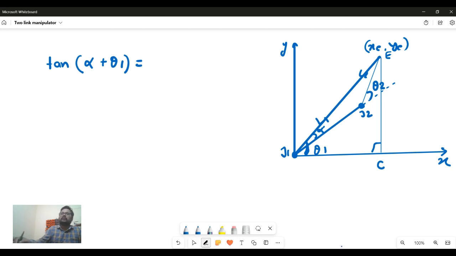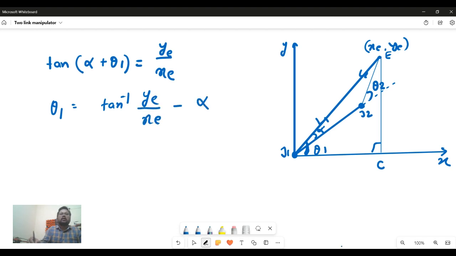The coordinate of this point E is xe and ye, so this complete length will be ye, divided by base, in the sense xe. So it can be written as theta 1 is equal to tan inverse ye upon xe minus alpha.